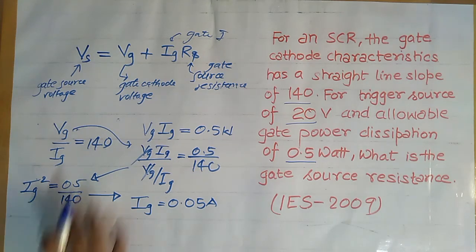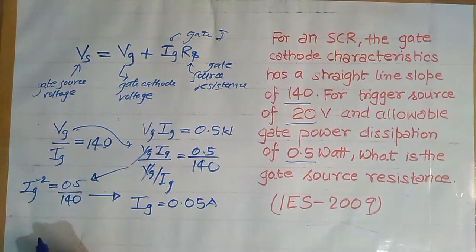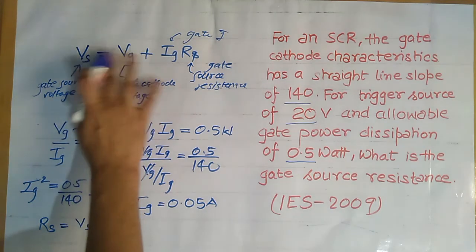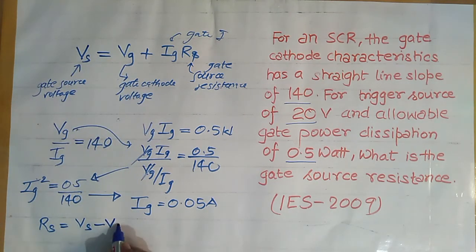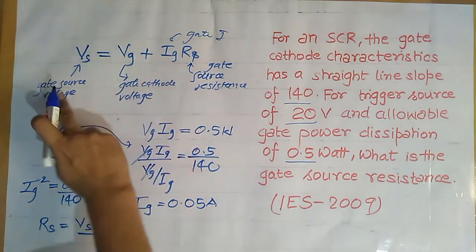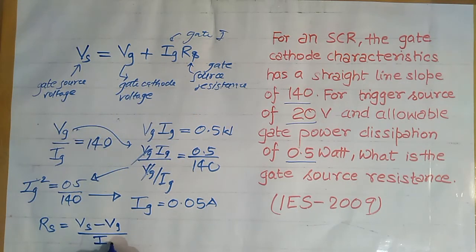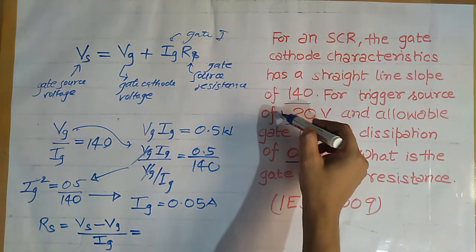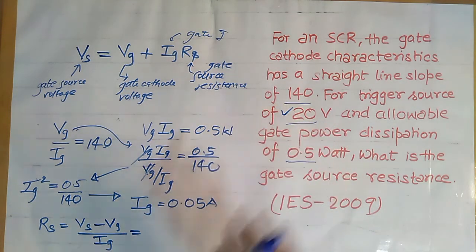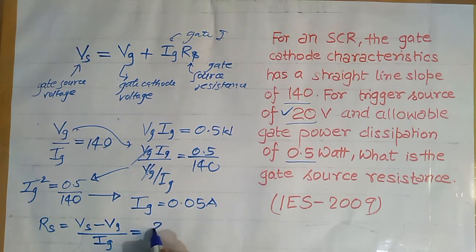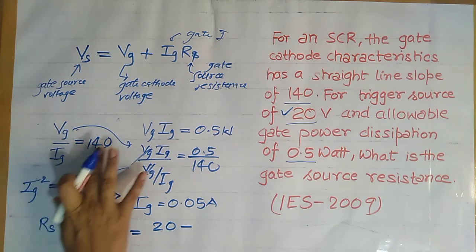Now what is Rs? Simply rearranging this equation, we get Rs is equal to Vs minus Vg divided by Ig. What is Vs? Vs is given as 20 volt. Gate source voltage is 20 volt, that is the trigger source. So put 20, and what is Vg? Vg is simply equal to 140 Ig.